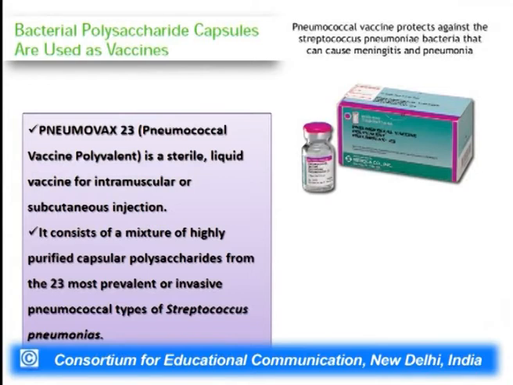For example, the Pneumovax, pneumococcal vaccine polyvalent, is a sterile liquid vaccine for intramuscular or subcutaneous injection. This vaccine protects against the Streptococcus pneumoniae bacteria that causes meningitis as well as pneumonia.